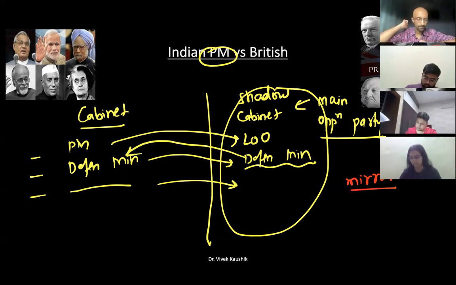This reduces the check on the Indian PM and Council of Ministers as compared to the UK.